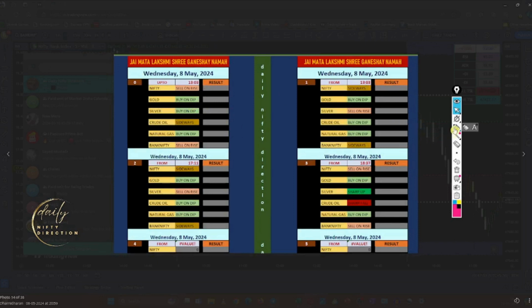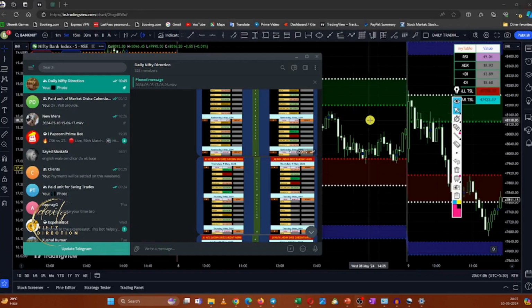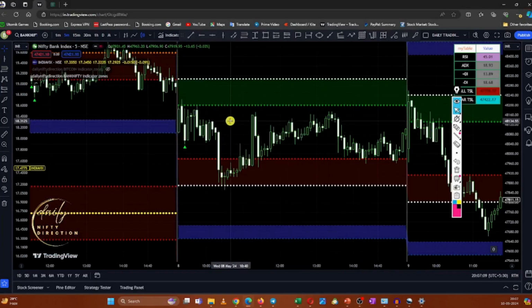On 8th of May it was sell on rise, then the market was expected to react sideways. So you have seen that on 8th of May first it was sell on rise and then sideways. The same thing had happened here.